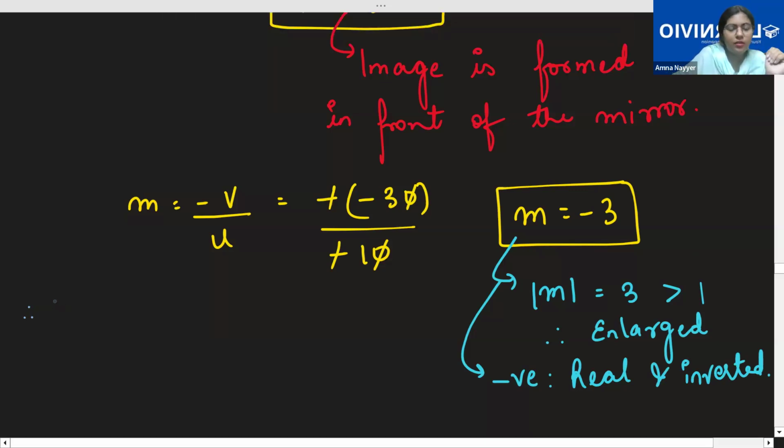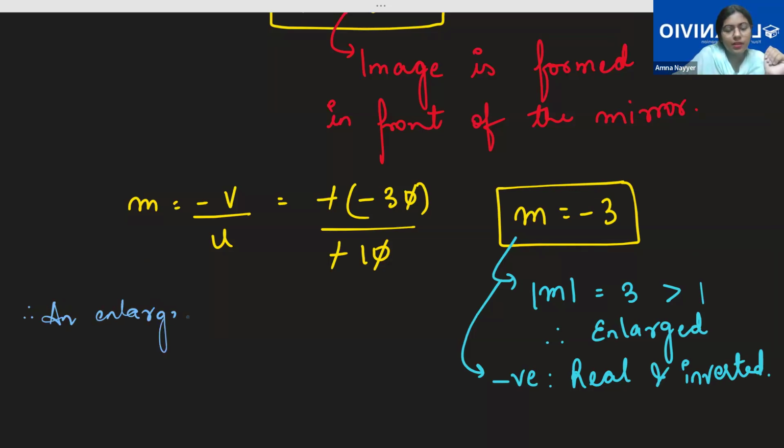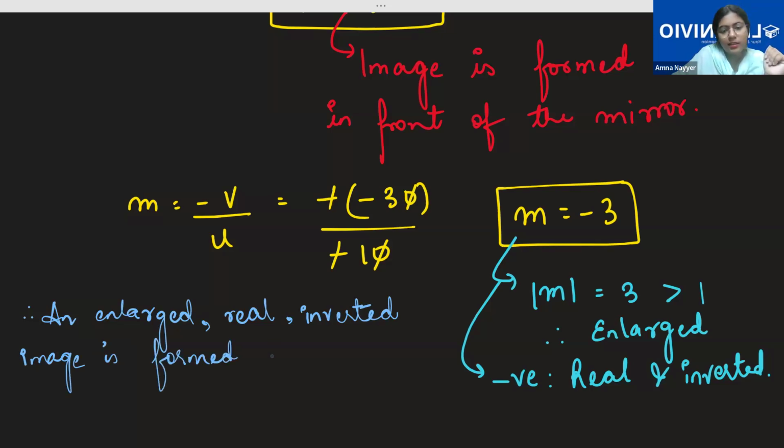Therefore, your final answer will be: an enlarged, real and inverted image is formed 30 centimeters in front of the mirror.